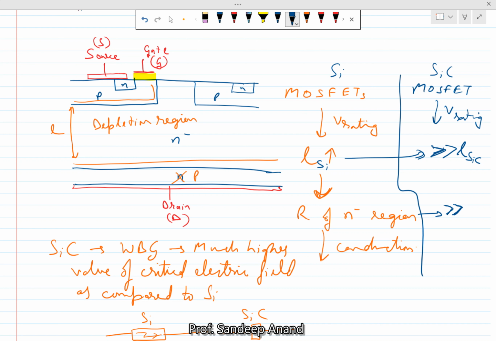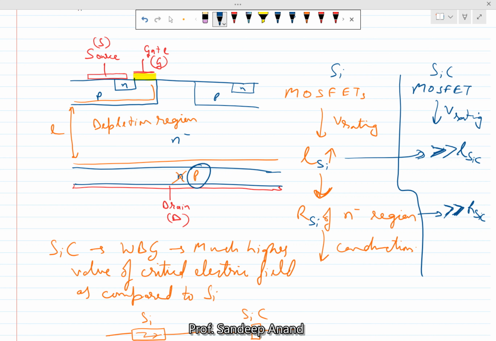Again, that might make somewhat of a difference, but predominantly we expect the resistance to be much smaller as compared to silicon, and therefore the need to utilize conductivity modulation by putting a P region gets pushed forward.